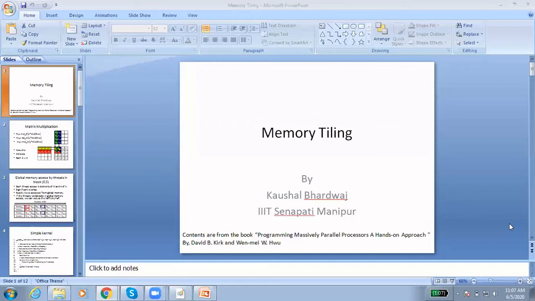Even if we want to store something in shared memory, it means we will have to access the global memory at least once. So if we are using the data repeatedly, meaning there is some data which is being used more than once, in that case we can keep the data in shared memory so that it could be used more than once. In our CUDA programs, data can be used by multiple threads.